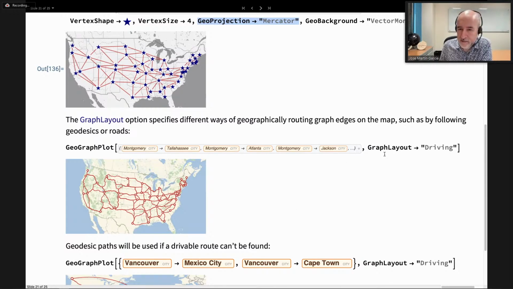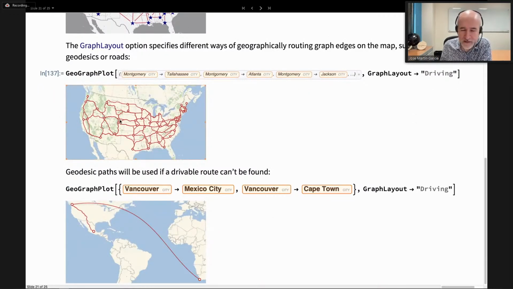There is a graph layout option that allows you, for example, to compute rather than straight lines or geodesics, driving routes. So this takes now longer because it has to do a travel directions computation between each of these two locations. So these are lines following the roads of the United States.